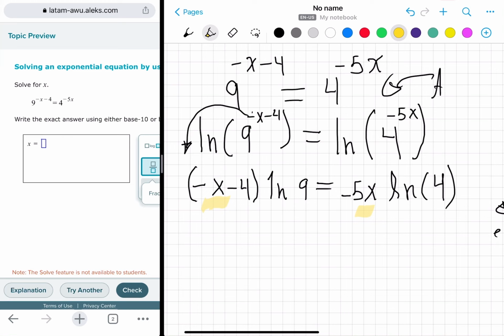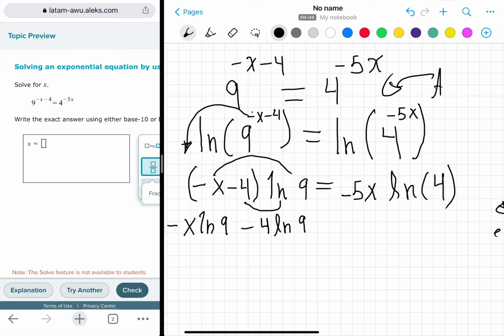But before that, I want to do this multiplication. So let's do that multiplication first. That is minus x times natural logarithm of 9, this by this, then this by this, minus 4 natural logarithm of 9, just like that, equals minus 5x natural logarithm of 4.